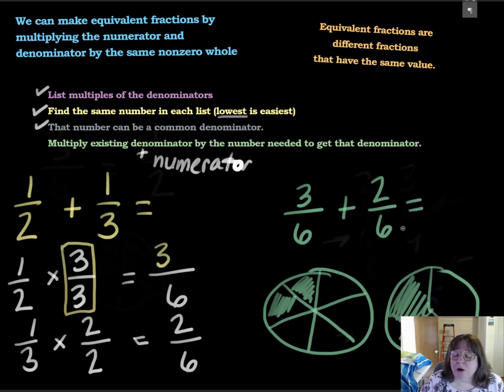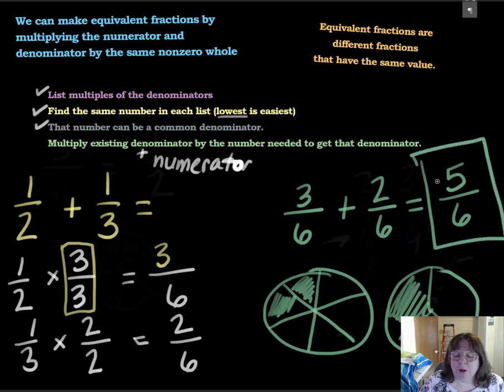Now, because we have common denominators, we can add them together. Denominator stays the same. We still have 6 parts. We add the numerators. 3 plus 2 equals 5. That is one reason we care about finding equivalent fractions, so that we can do our operations.